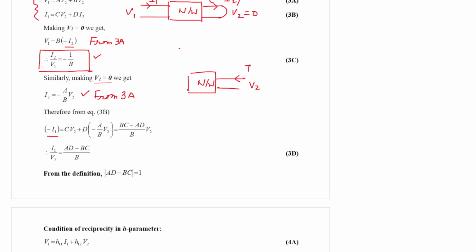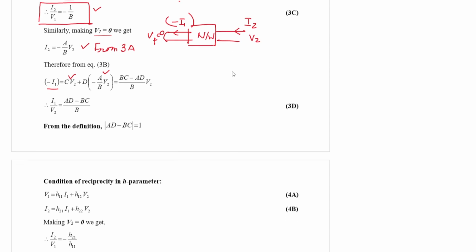V2 is injecting a current I2, and you are shorting the primary side, so V1 is equal to 0 and the current becomes minus I1. So here the current is minus I1, so C V2 as it is plus D into I2. Now you should substitute D is equal to this. If you solve, I1 by V2 will become AD minus BC by B.